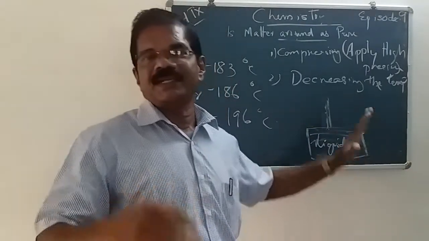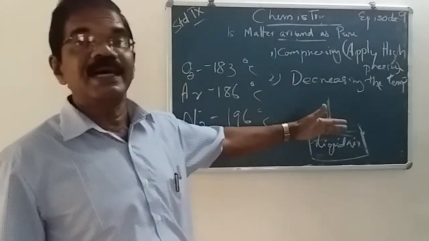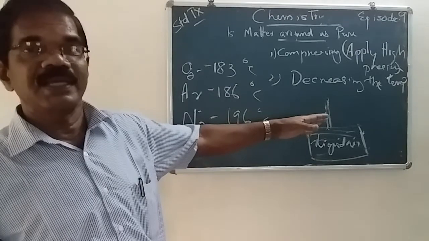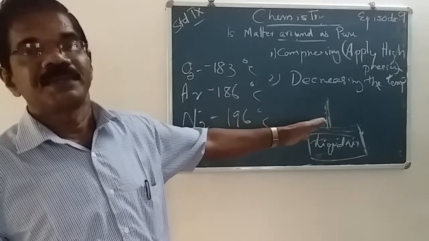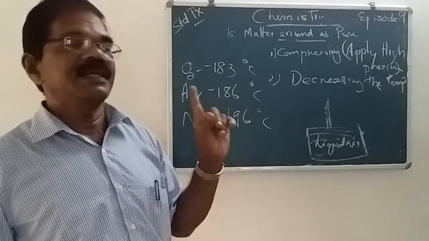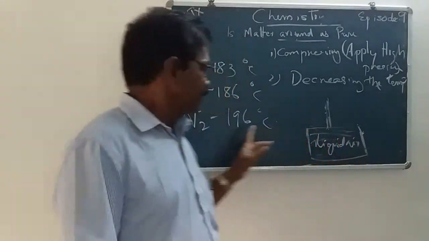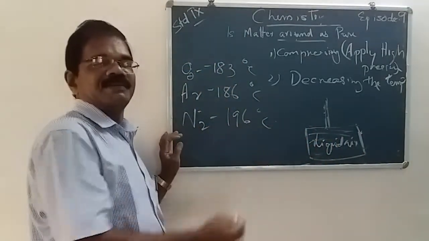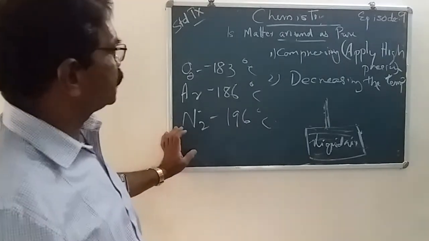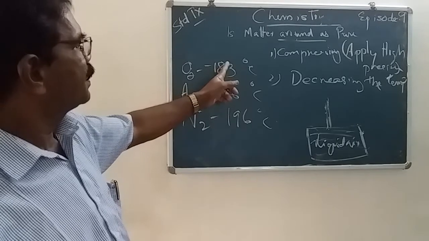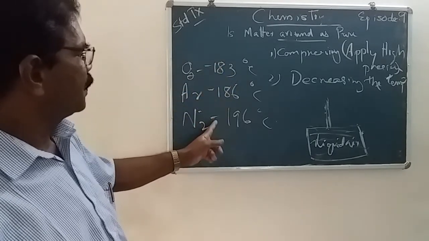Now in our tank, air is collected in the liquid state, and the liquid air is slowly allowed to warm up. Then which gas do we get first? To know which gas we collect first, we must know which has the highest boiling point: oxygen, argon or nitrogen.